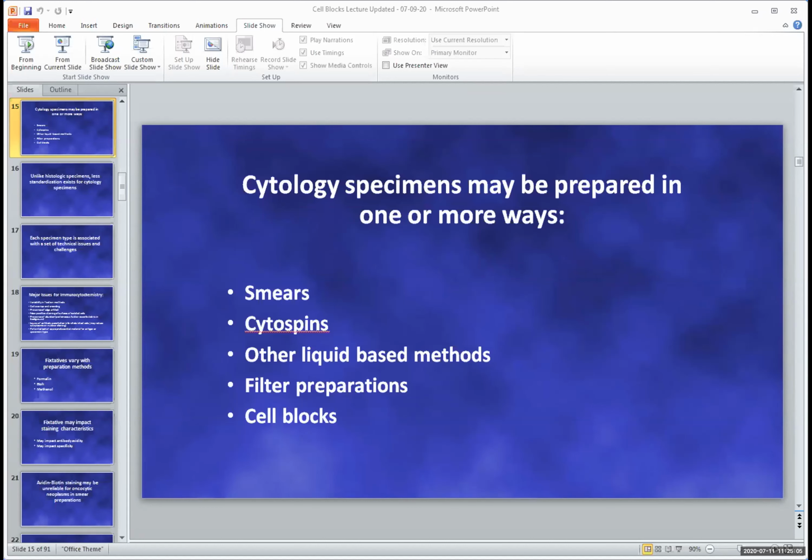Cytospins were an old traditional way of getting a concentration of material onto your glass slide. They have some advantages, but as we'll see, they certainly have disadvantages for immunocytochemistry. That's also true of other liquid-based preparation methods, which are becoming increasingly used at a variety of body sites, including thyroid, but also for pancreas and pulmonary specimens.